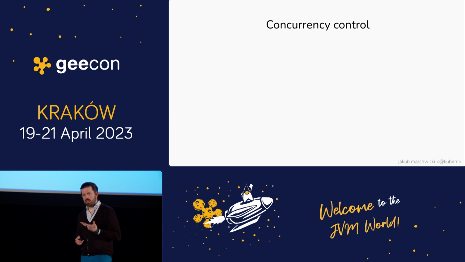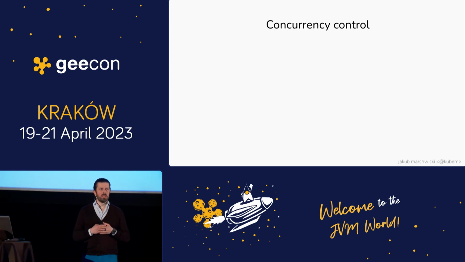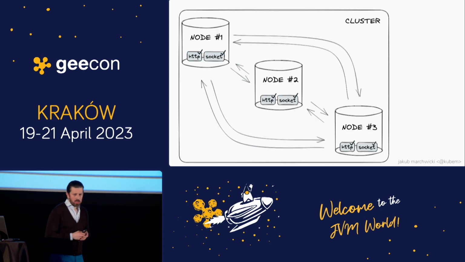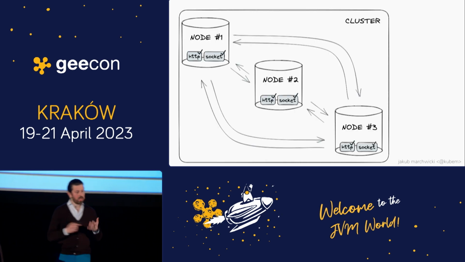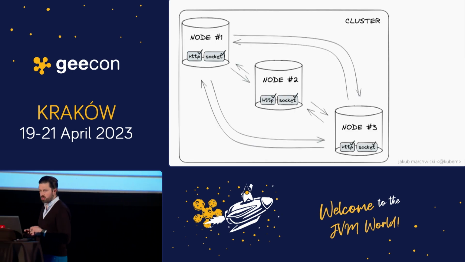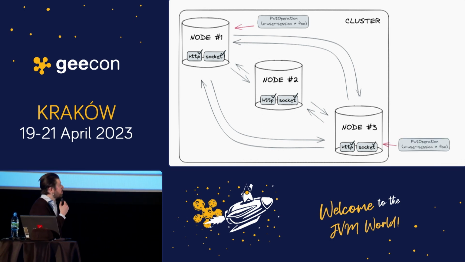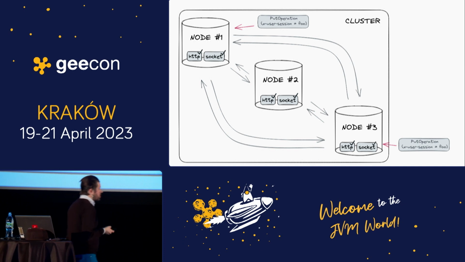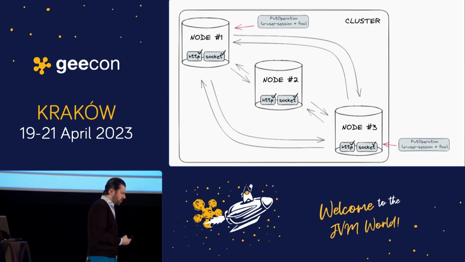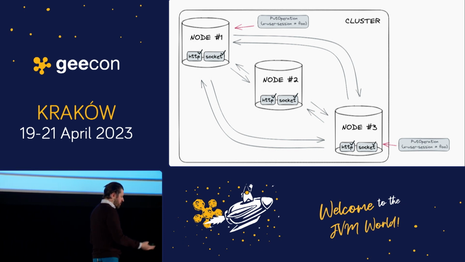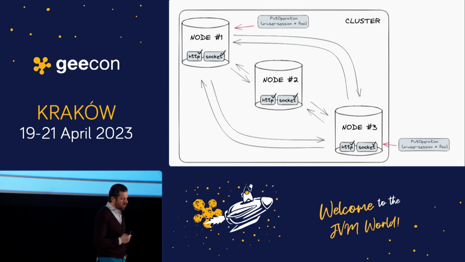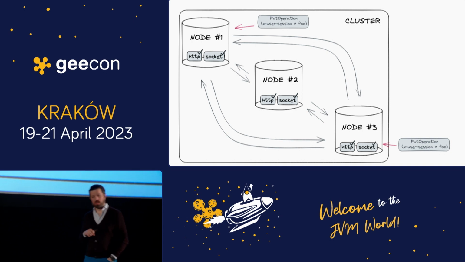But the moment we know what we want to send and how we want to send it, we get to a very difficult problem of controlling the concurrency between my members. So I can have a situation where I have a cluster and everybody is talking with everybody. And I want to do two operations. I want to do a put operation which addresses the same key on two different nodes.